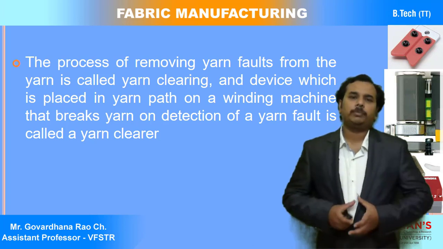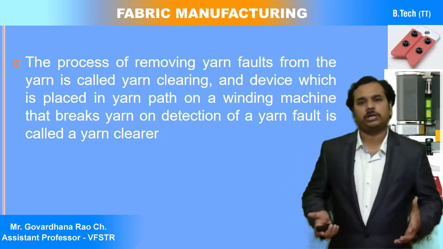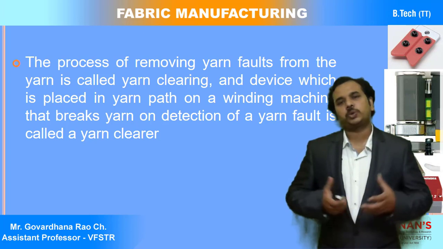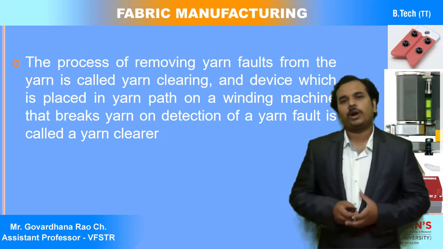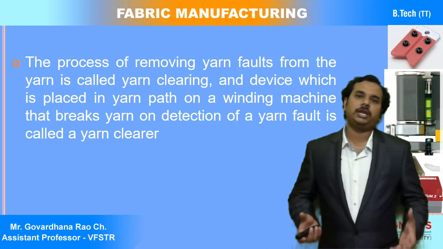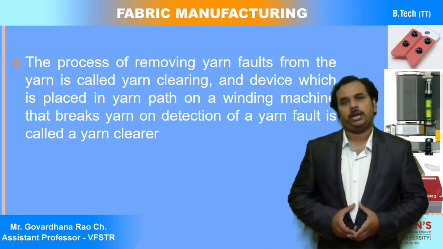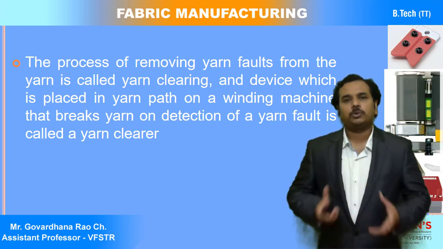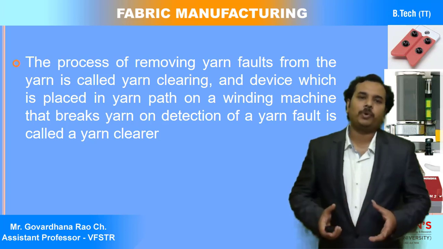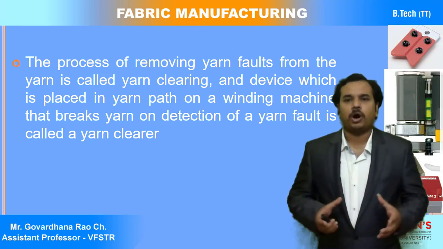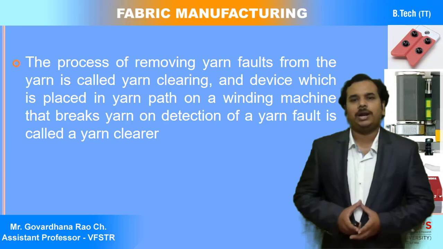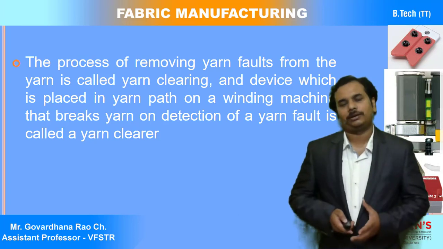The process of removing yarn faults from the yarn is called clearing. Whatever mass per unit area variations are there, these are removed with the help of a small device called a yarn clearer.